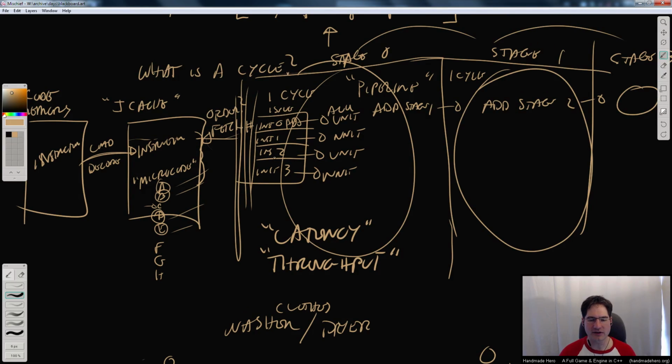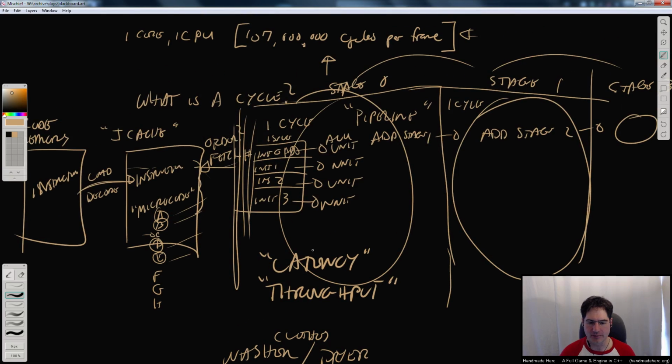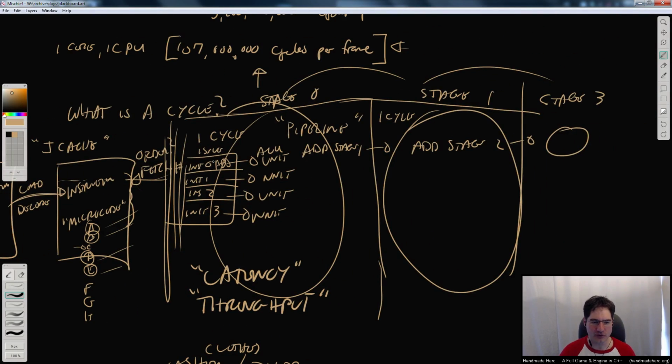And for every one of these instructions, we would like to know, if possible, what both of these things are going to be. Latency means how long does it take for an instruction to go from being issued to being complete, right? So that's end to end. And throughput is a number that tells me how many of them I can do if they're pipelined fully, so this is assuming issuing back to back.